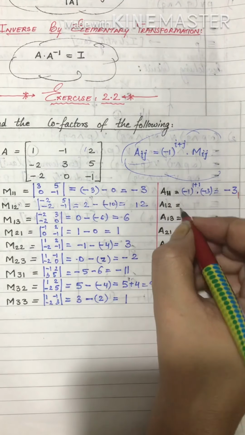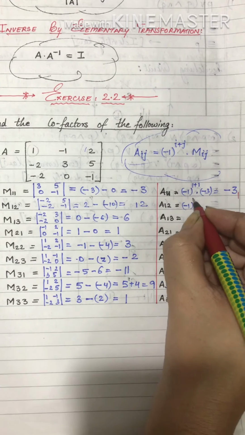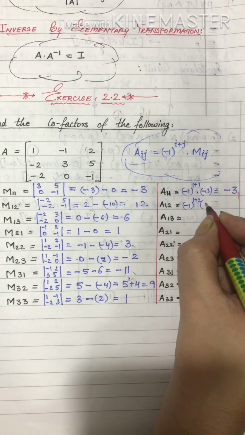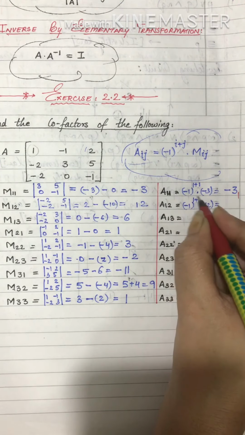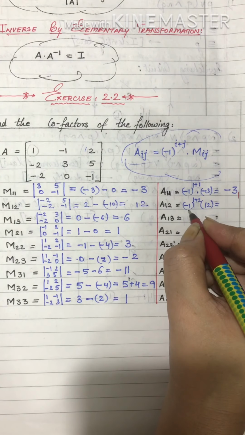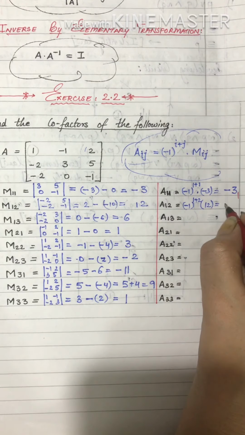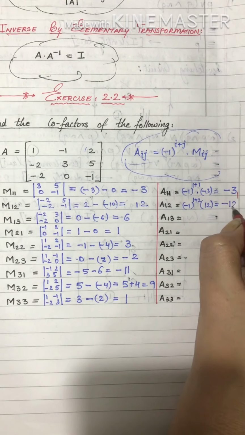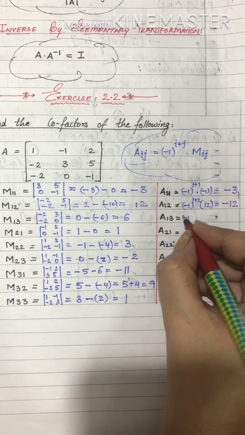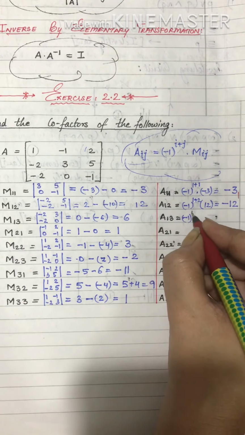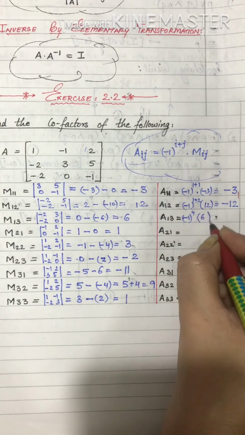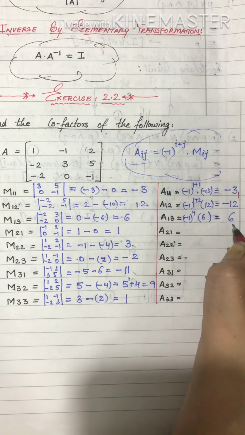I'll just write it down. The next one, minus 1 raised to 1 plus 2 into M12. So this is an odd number, so that will give us minus 1. Minus 1 into 12 will give us minus 12. Okay, next one, minus 1 raised to 1 plus 3 is 4, into 6, so we are getting 6 here.